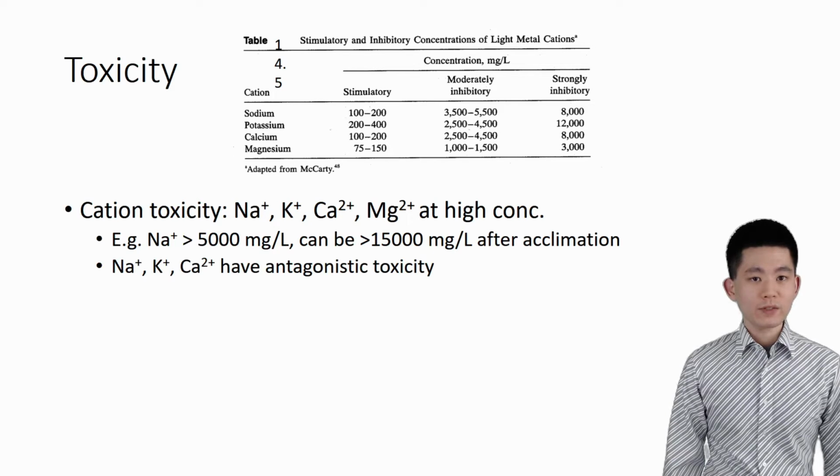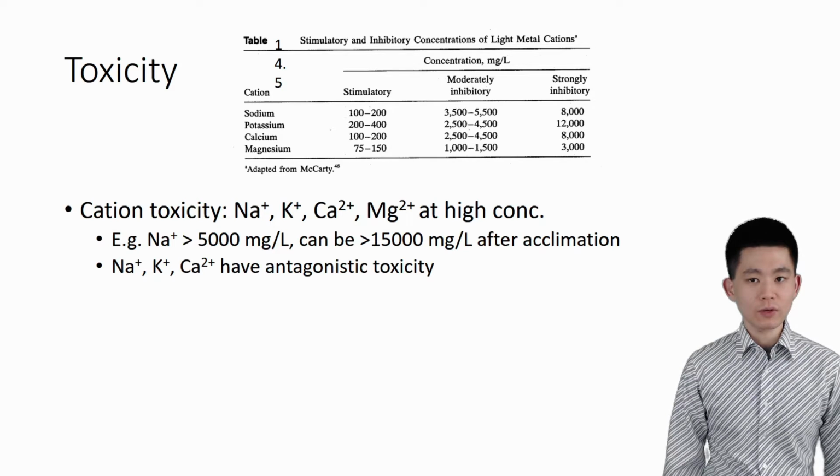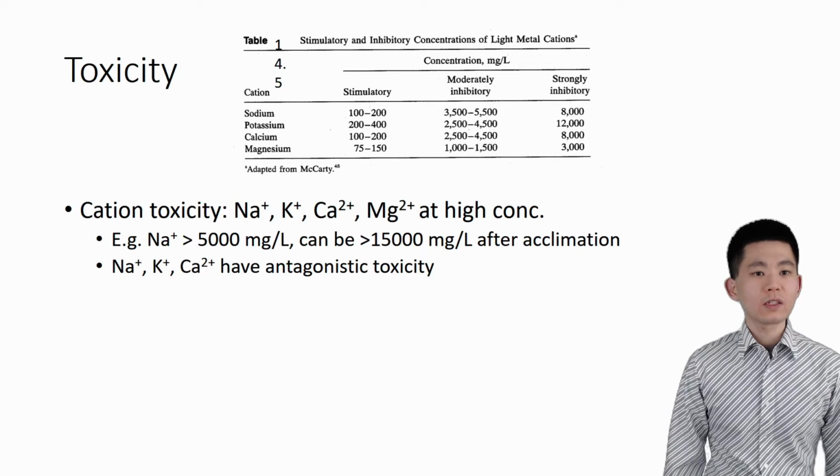Once the biomass is acclimated to the high cation concentration, over 10,000 milligrams per liter of cations are needed to inhibit the anaerobic reactions. Moreover, different cation toxicities are antagonistic, meaning that the presence of different cations cancels out each other's toxicity.